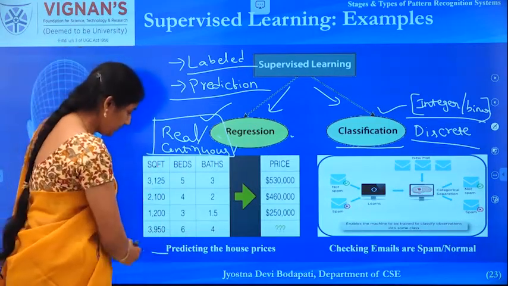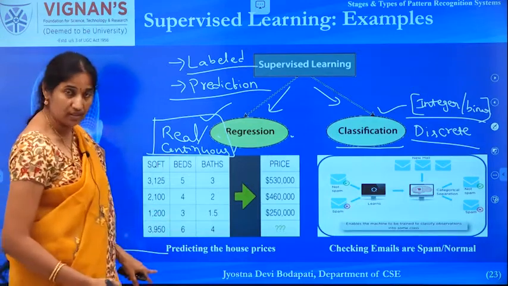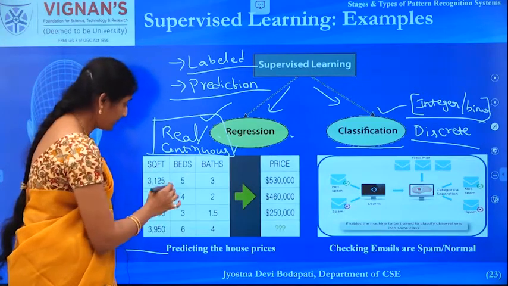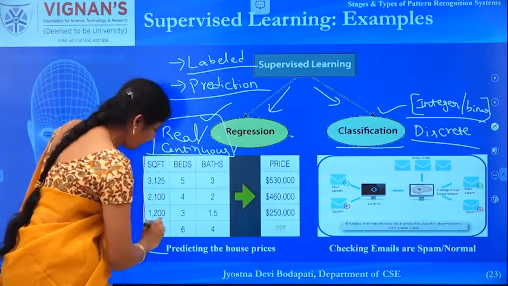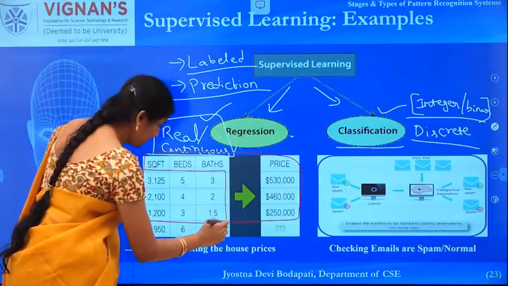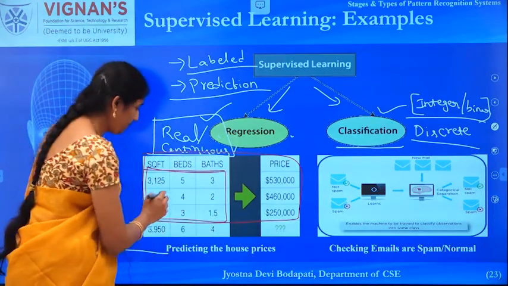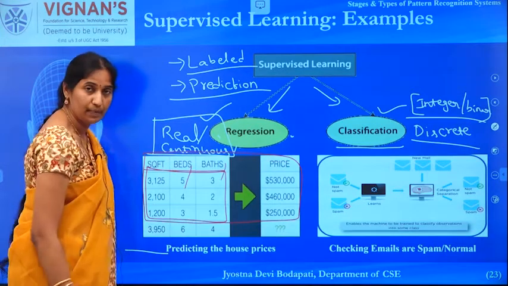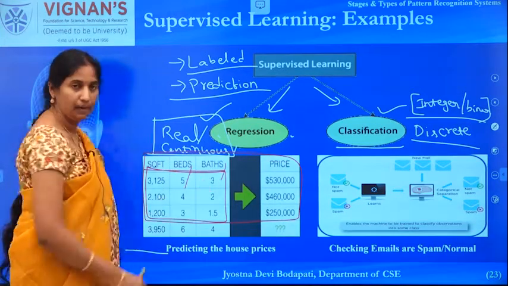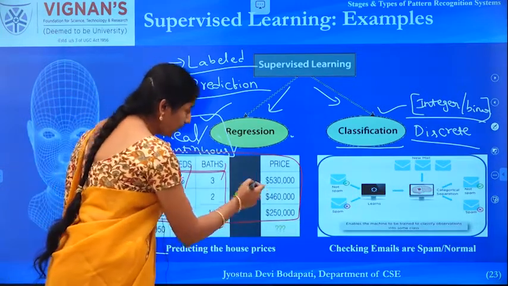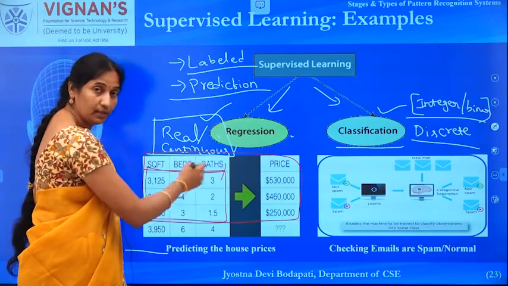Now let's have an example of the regression task. I am considering predicting house prices for this example. In the house price prediction example, for the first 3 records I have given the input data. The features I am passing are the area of the house, the number of bedrooms and the number of bathrooms. These are the 3 features I will be giving as input to the model, along with the price.